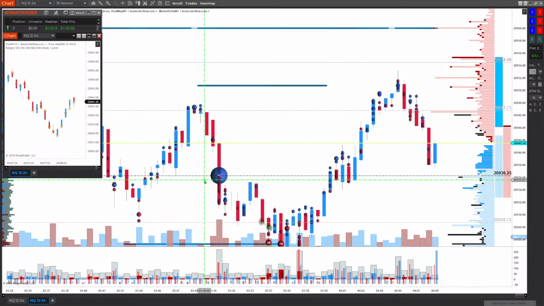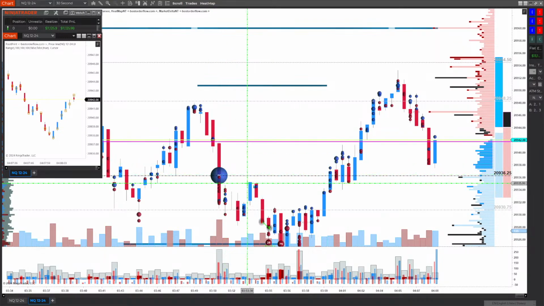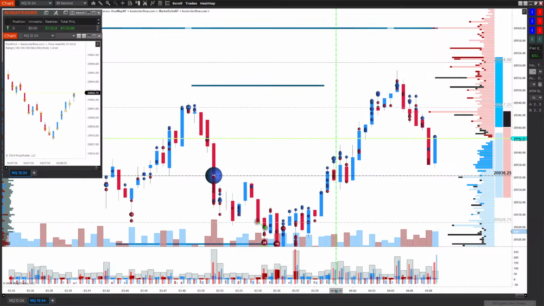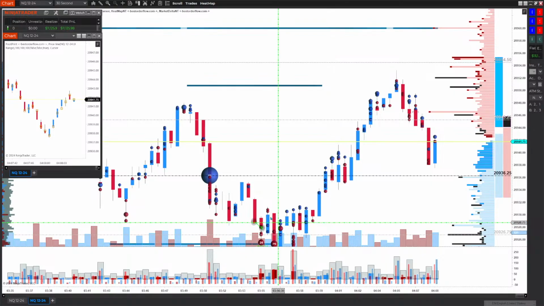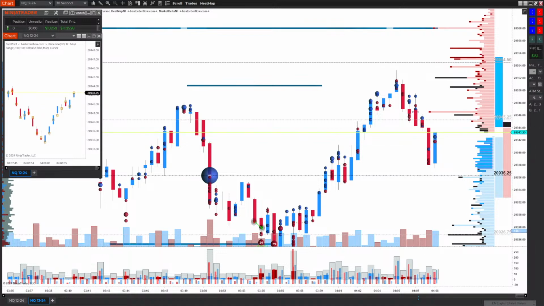So now, yes, you see those bubbles on the Bookmap, okay, and you're confirming that the white is better for you.